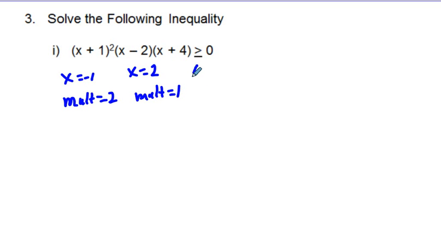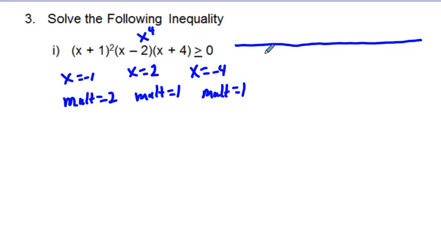And then we're going to have x is equal to negative 4, multiplicity is equal to 1. So that should give us something to go on. And then to figure out what our leading term is going to look like on the left side, we're going to have x squared times x times x. We're going to have x to the 4th power. So what is that going to mean? Well, it means we're going to start high and end high.